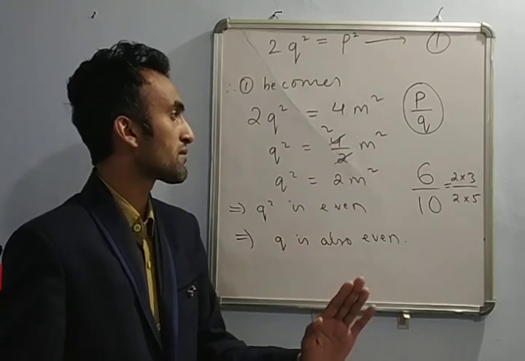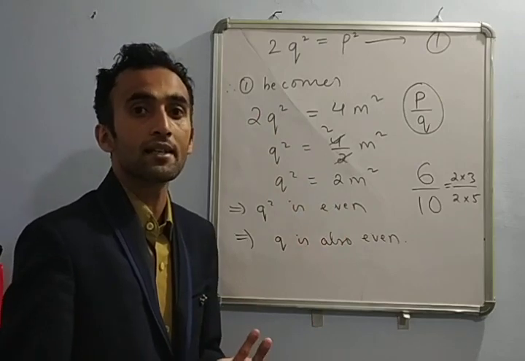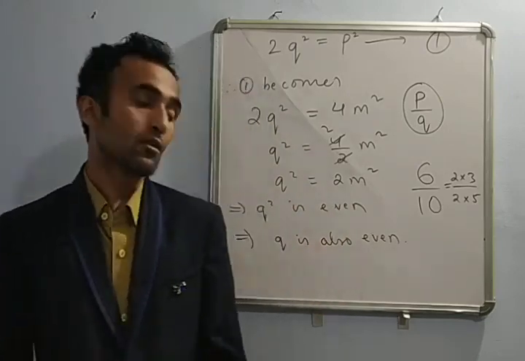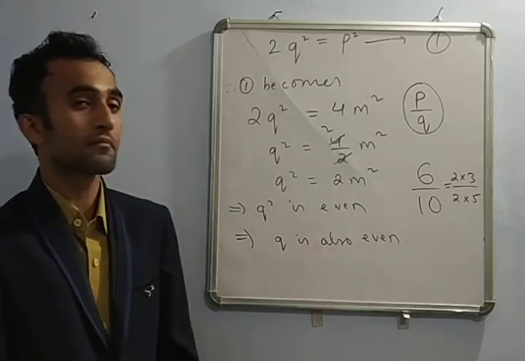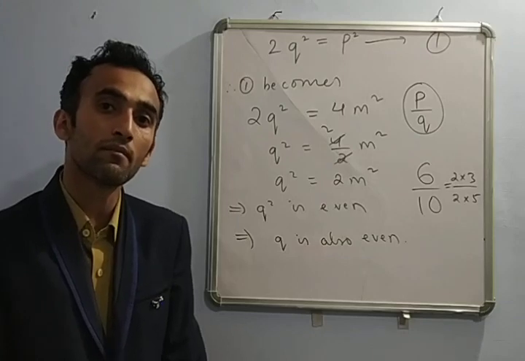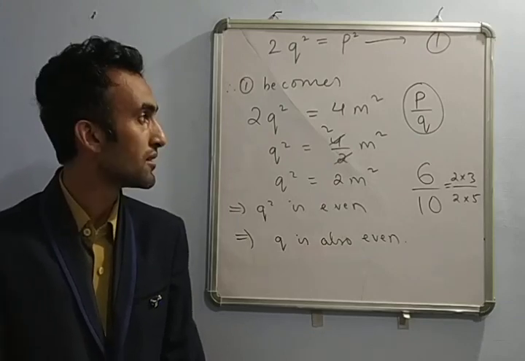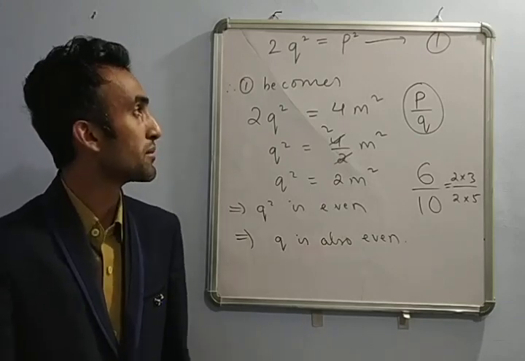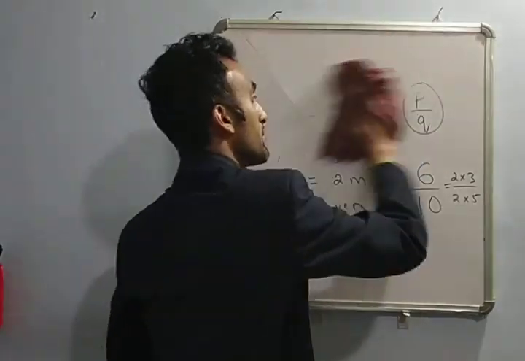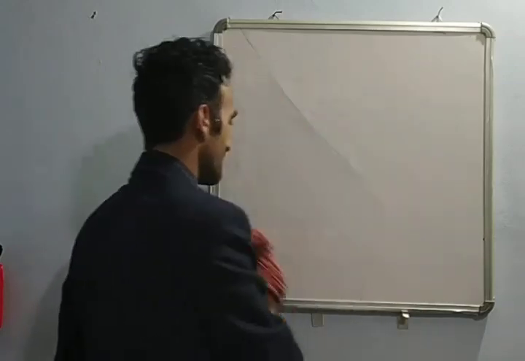It is in simplest form. But now what am I getting? I am getting that P is even and Q is also even. Just check. So whatever the assumption was, is it not wrong? It's wrong, no? So due to that, square root of 2 becomes an irrational number because my assumption was wrong. Remember, I am doing the contradiction method.